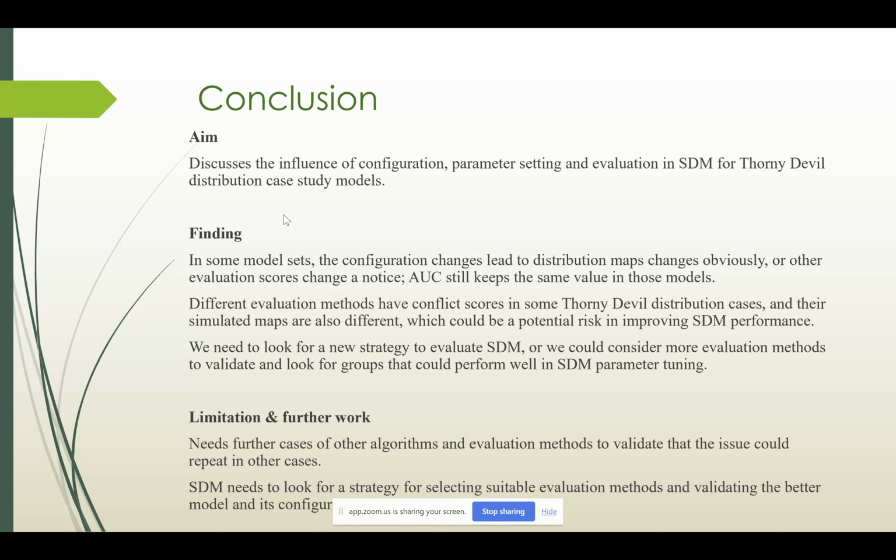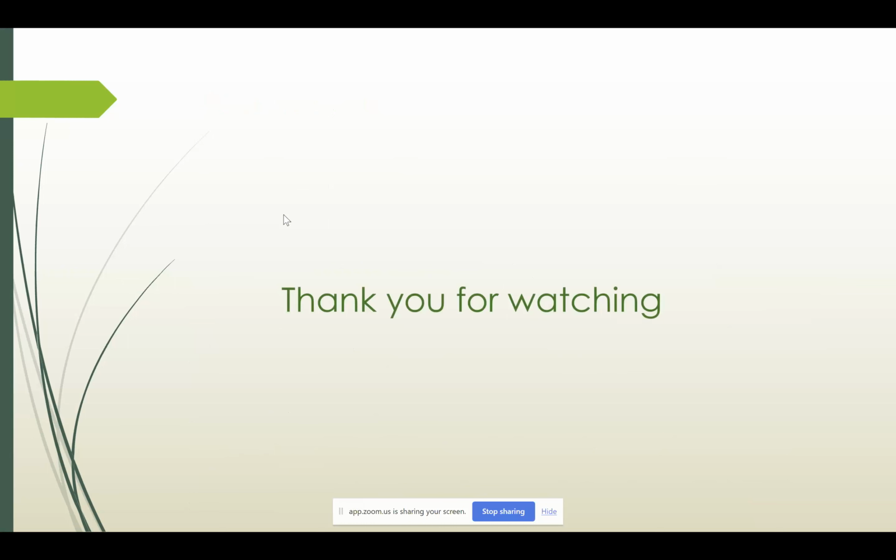And we also need to look for a strategy for selecting a suitable evaluation method and validating the better models and their configuration. That's all for my topic today. Thank you.